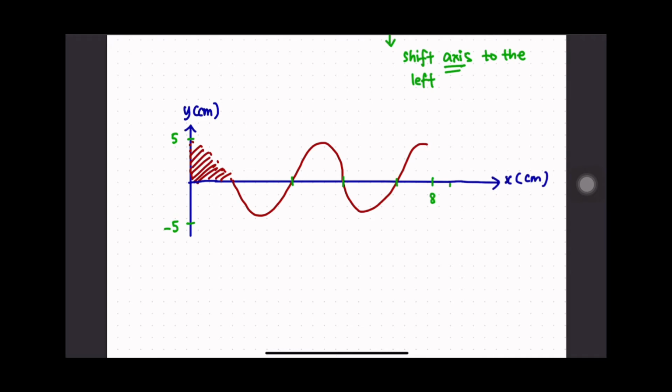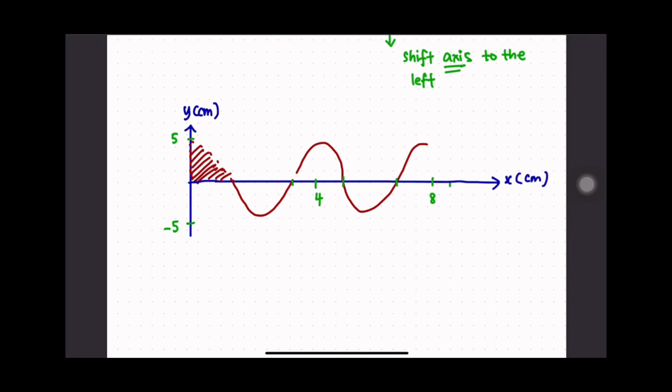8. Here 4. Okay. 1 complete cycle is 4. So here will be, as before, 4, 8.